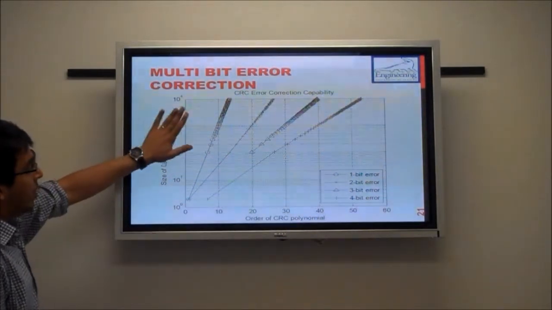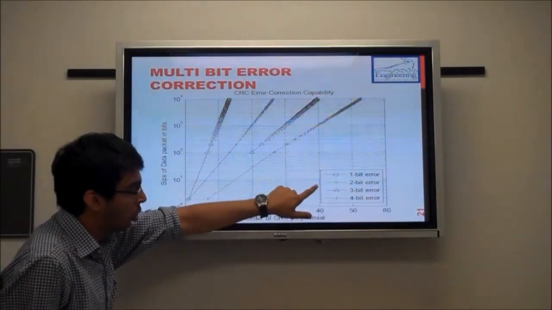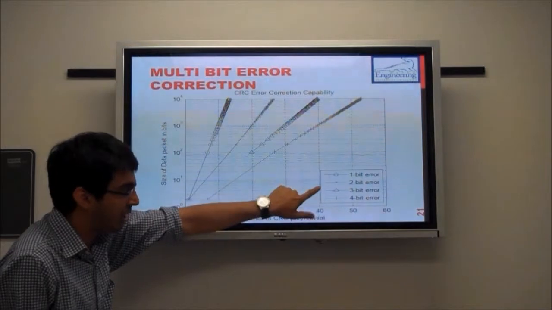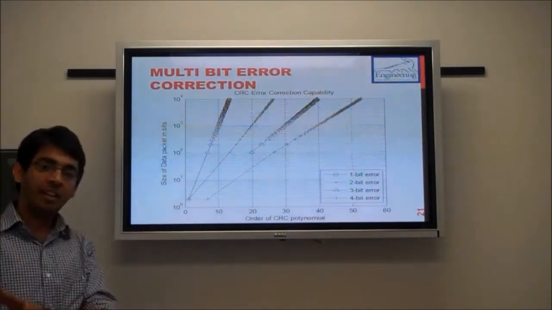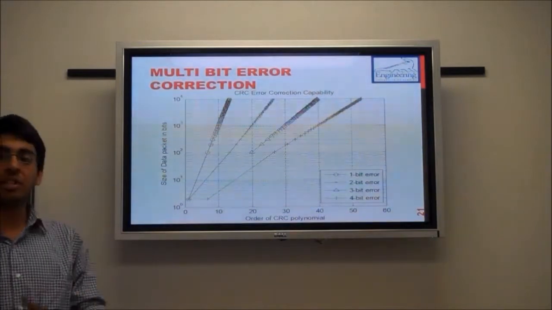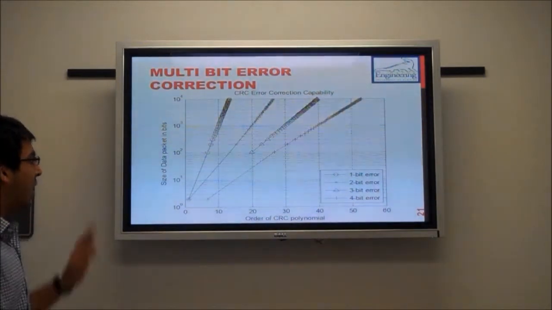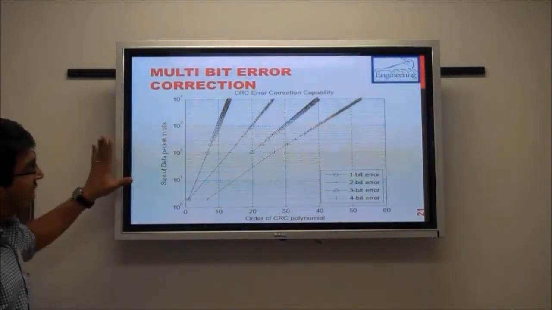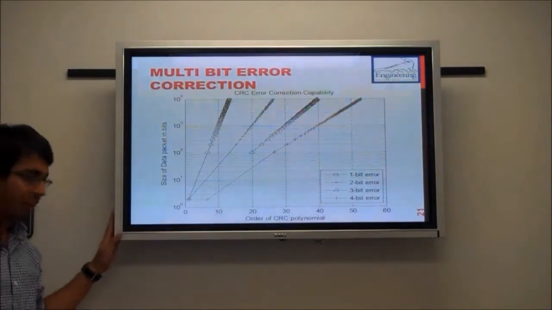If you are able to generate a remainder of 0, it's fine. If you are not, you go to the lookup table of 2-bit error correction, then 3-bit and then 4-bit. So now if the received data has got a lot of errors in it, then the amount of computation that you will need to do at the decoder will be vast. So again, I feel that this error correction technique is possible, but it is not one of the finest which is available in the literature today.